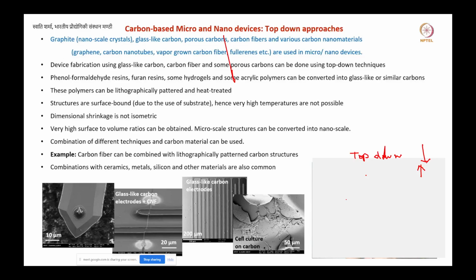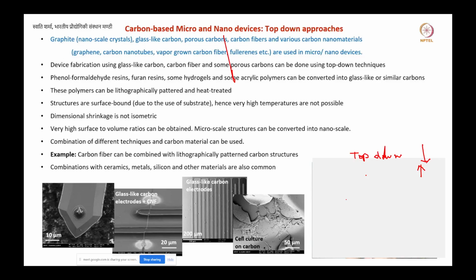So device fabrication using glass like carbon, carbon fiber, and some porous carbon can use top to down techniques. Okay, where your manufacturing will start and it will opt for the top to down techniques. Phenol formaldehyde resins, furan resin, some hydrogels, and some acrylic polymers can be converted into glass like or similar carbons.